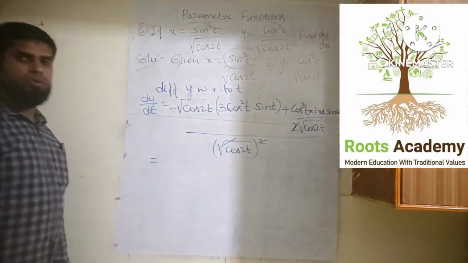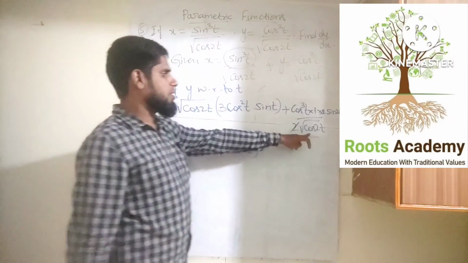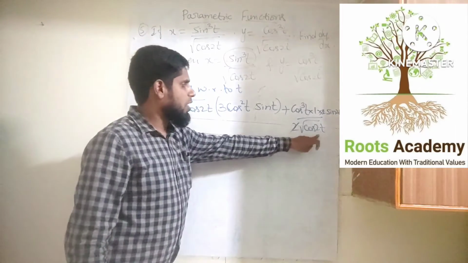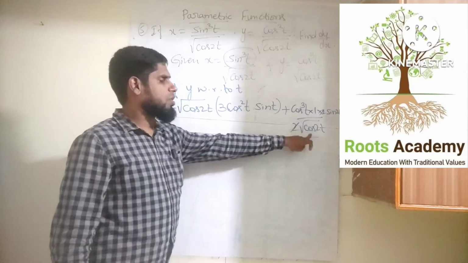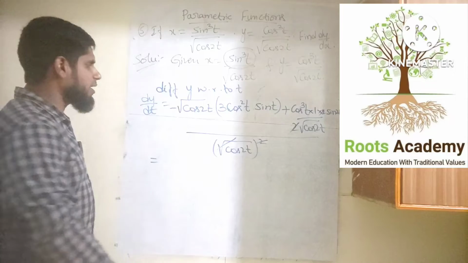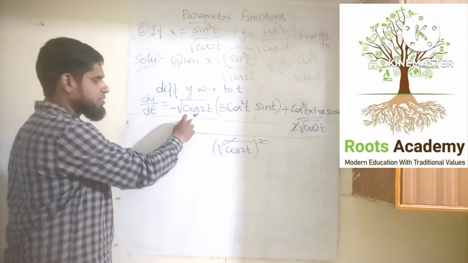So this is equal to, again we must take LCM here in the numerator because I have a denominator. So LCM is root of cos 2t. If I am taking LCM, one same term already exists here.